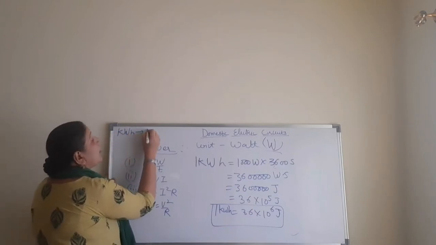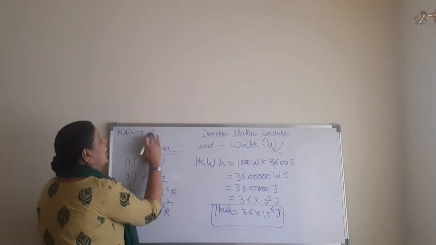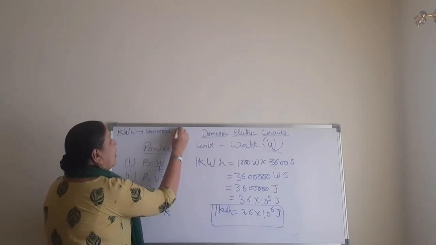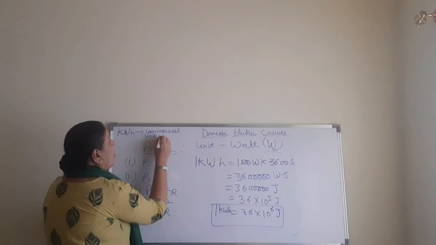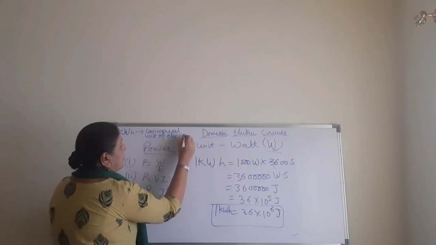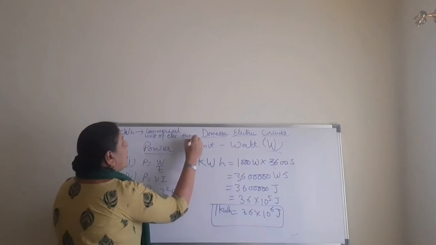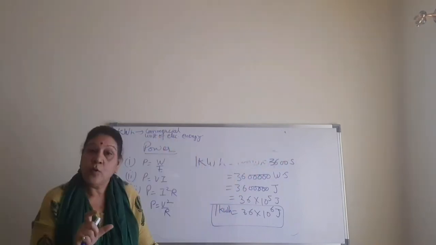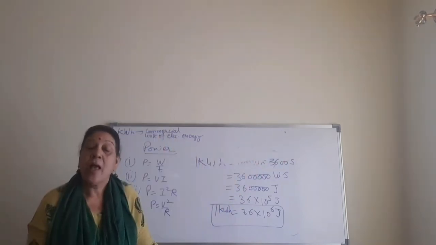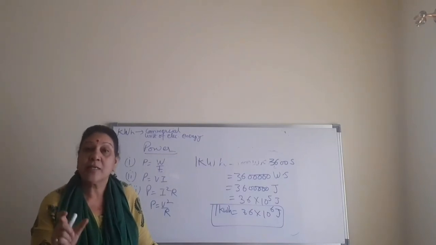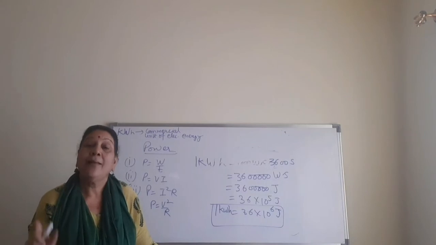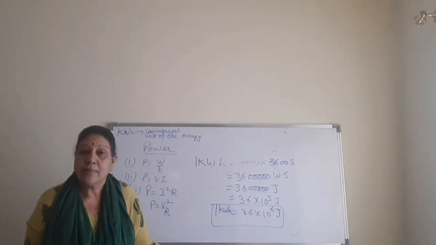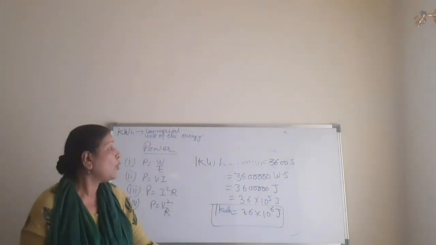Kilowatt hour is the commercial unit of electrical energy. 1 kilowatt hour we consider as one unit, and how many units or kilowatt hours are consumed by one domestic circuit or one household is billed, and that's how the electric bill comes to our houses.